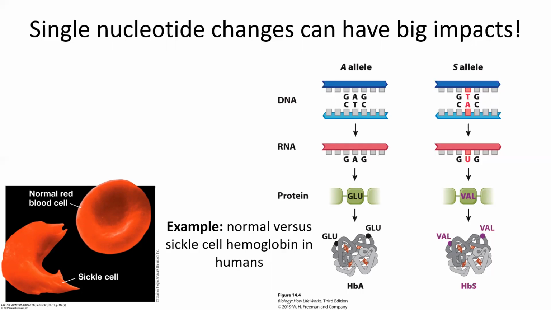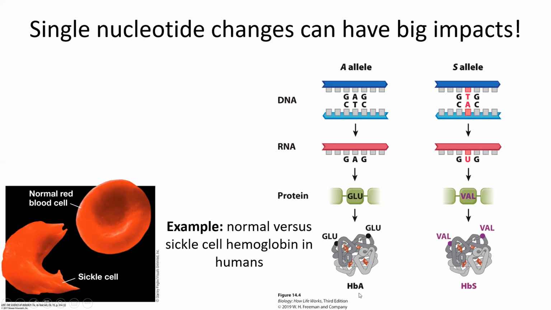Basically, what's happened here is you can see there is a single nucleotide change. Instead of having an A here, it has a T. This is going to change what amino acid gets added in this peptide chain. Instead of GLU, now you have a valine here.